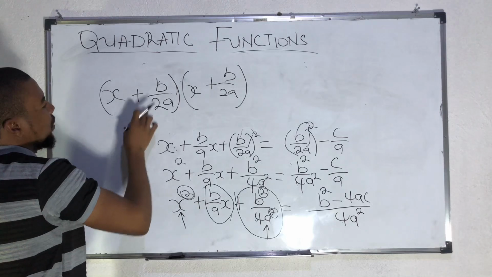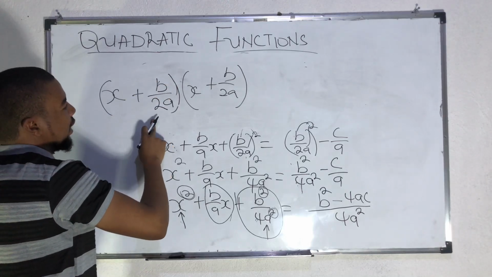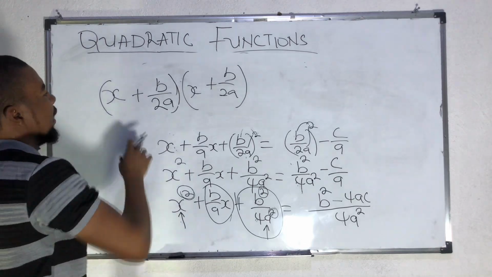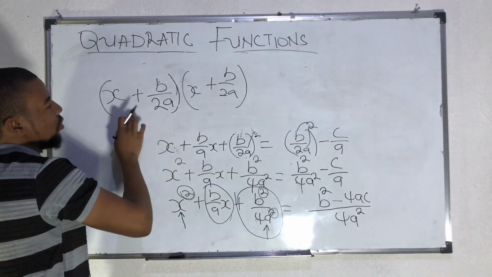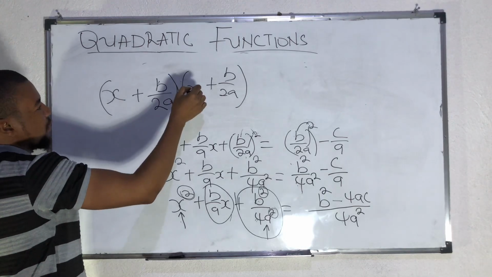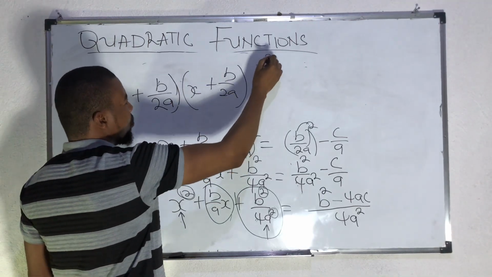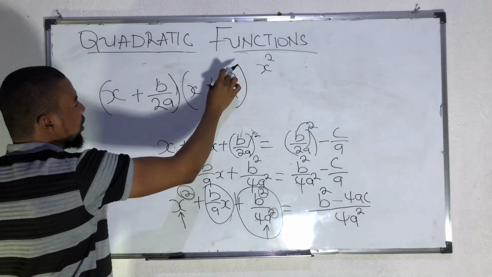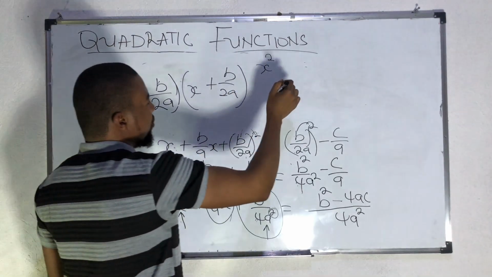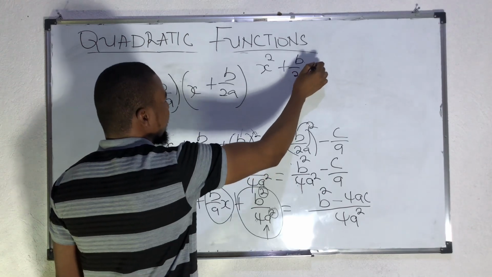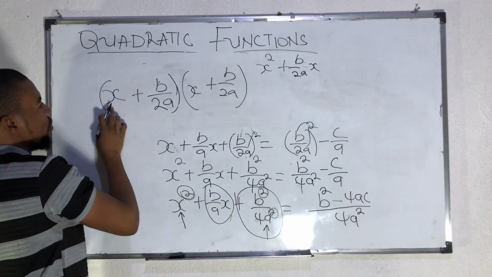Remember that x plus b over 2a squared can be written in this form because they are multiplying and the terms at the center are adding, so there is no need of distributing the powers. Now let's multiply. x times x will give you an x squared. Okay, x times b over 2a will give you plus b over 2a x. We're done with the first one.